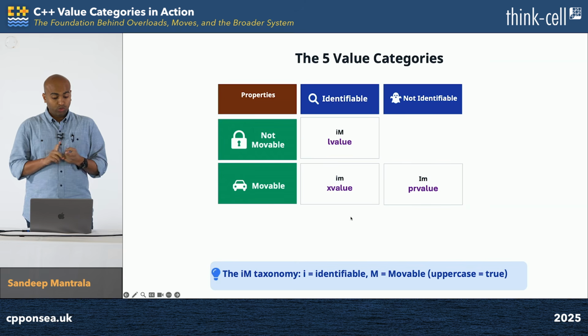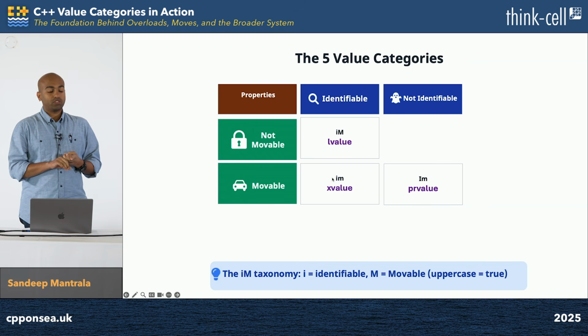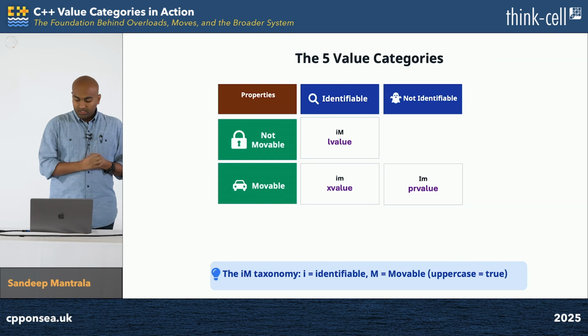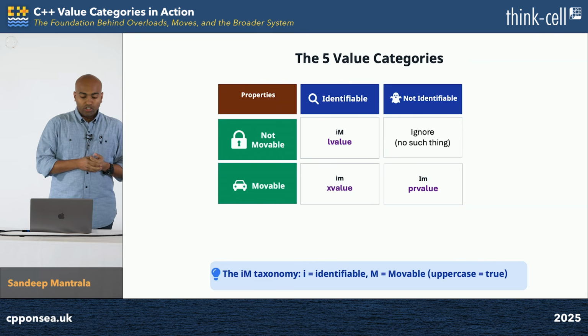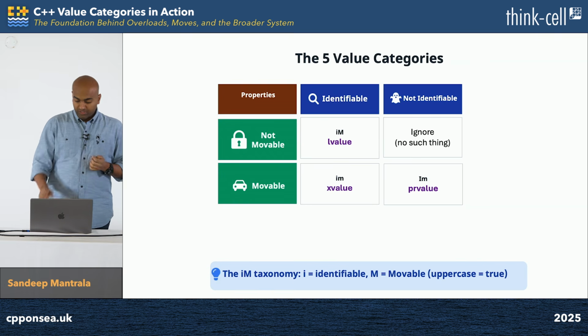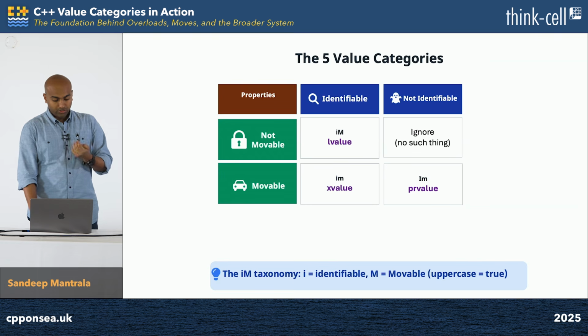It's I and M, both identifiable and movable values. And there are also non-identifiable and non-movable values, which make no sense, and we can just ignore them. There is no particular value category for it.